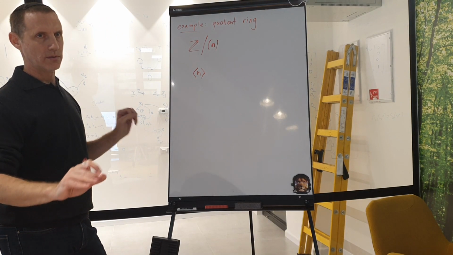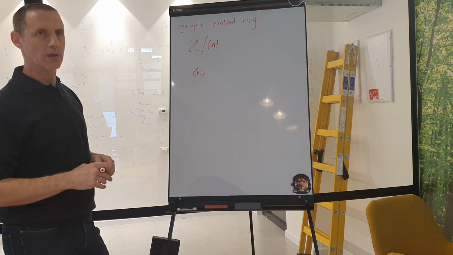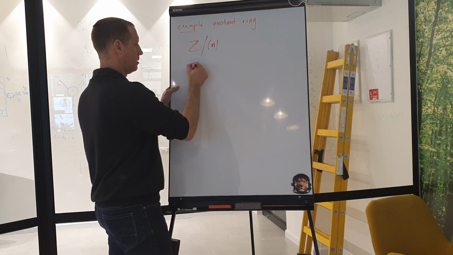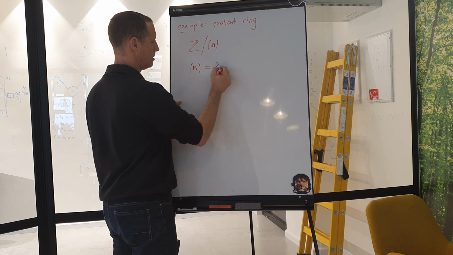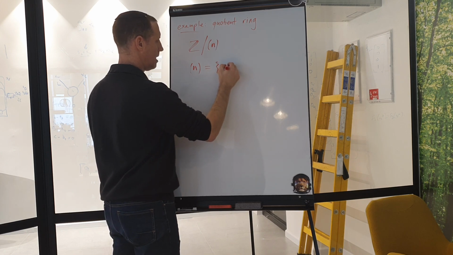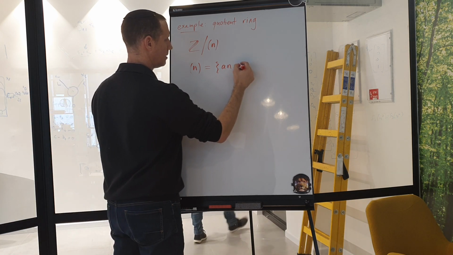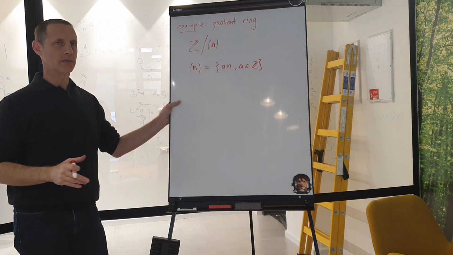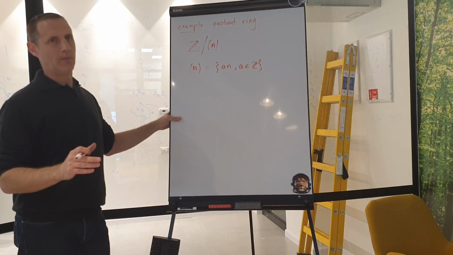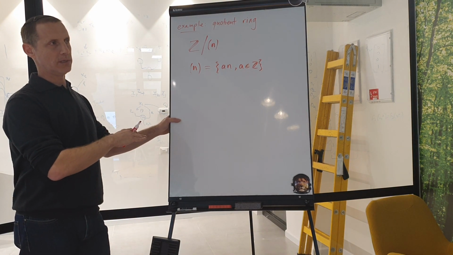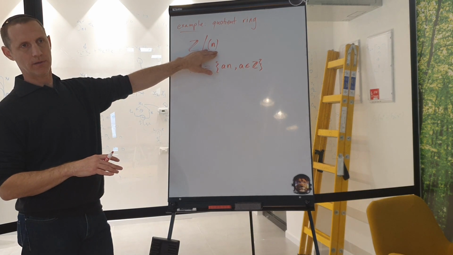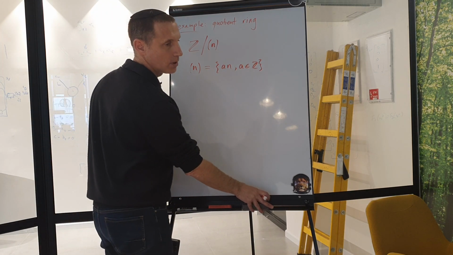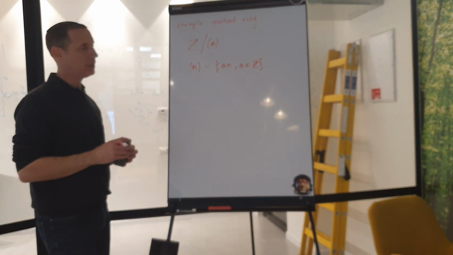So N is defined as AN such that A is in Z. Again, you can have more complicated ideals here, but I'm just giving the simple examples. This is for all A in Z.